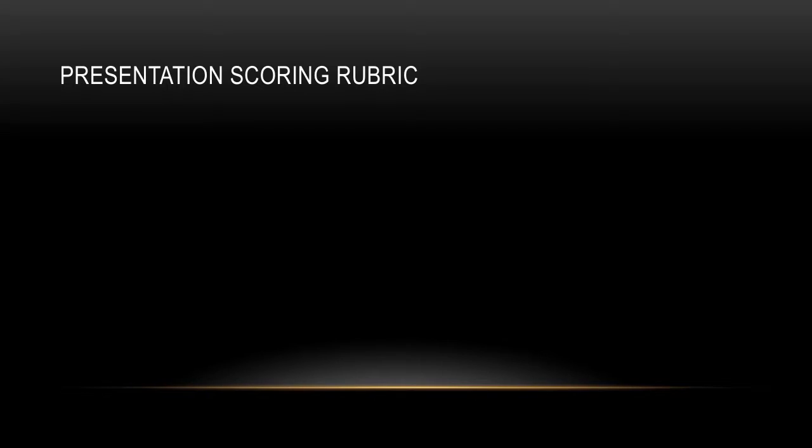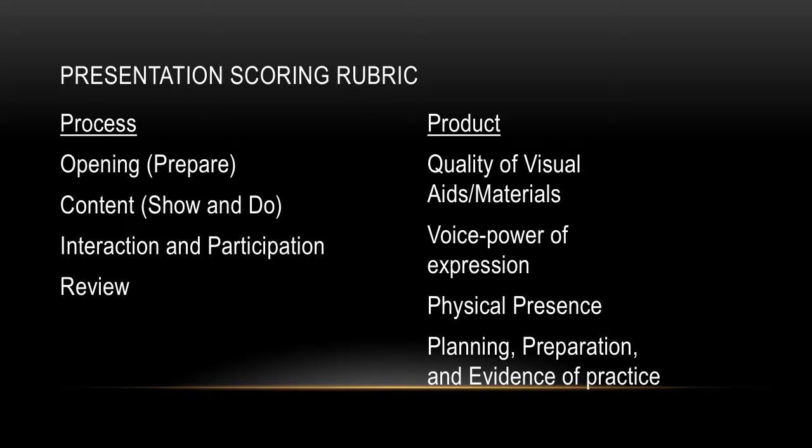So the scoring rubric is broken down into 2 parts. This is how we're going to grade you, okay? And this is where people get disenchanted with their scores, right? Because they're thinking in the product sort of field. So they're like, oh, I had a great physical presence.